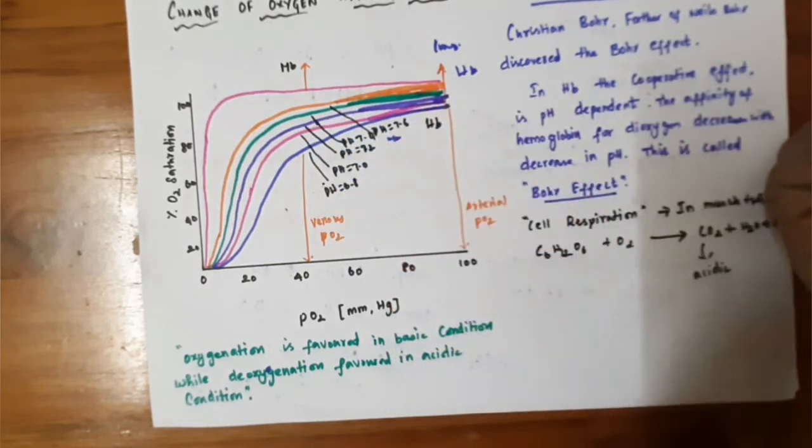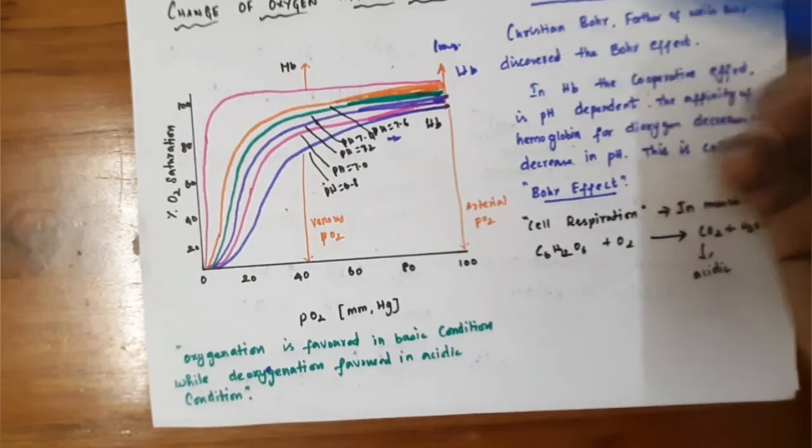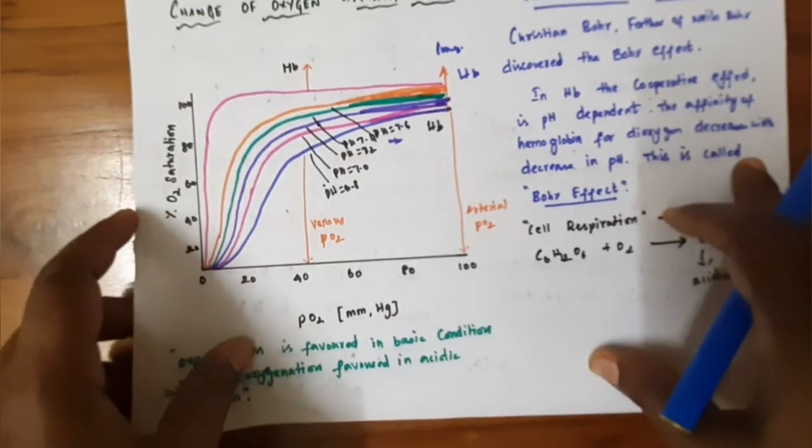The lungs are highly saturated with alkaline, basic solution, so the binding of dioxygen by the hemoglobin increases. But when it reaches the muscle tissue, it experiences low pH, which is acidic in nature. Suddenly the oxyhemoglobin is converted into deoxyhemoglobin. Okay, and this is called the Bohr effect.